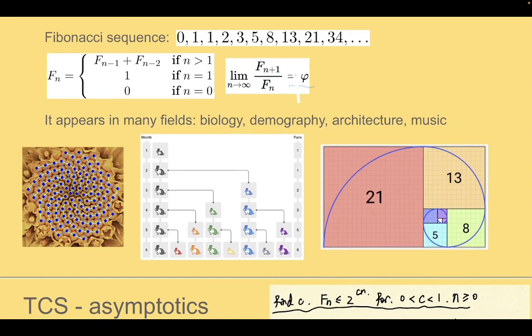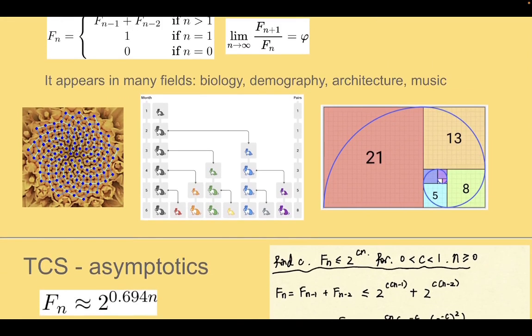The Fibonacci sequence magically appears in a lot of fields such as biology, demography, architecture, and music. A lot of biological patterns appear like this: the number of dark blue ones is maybe 21, and the light blue ones is 13, right? These are elements in the Fibonacci sequence. I don't know why.